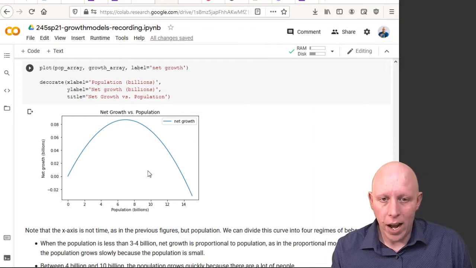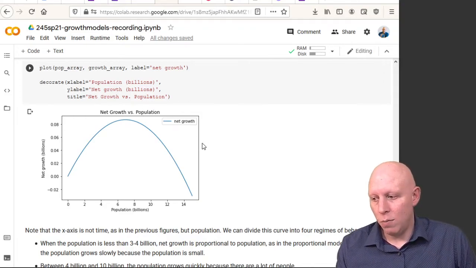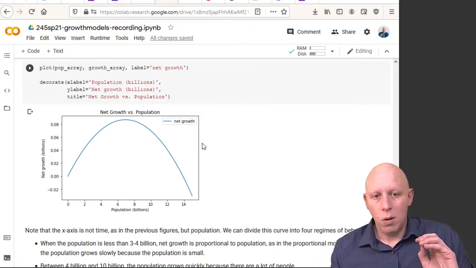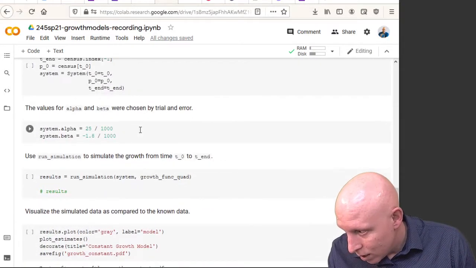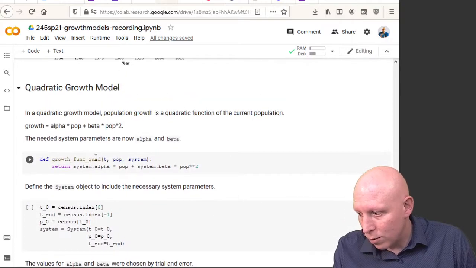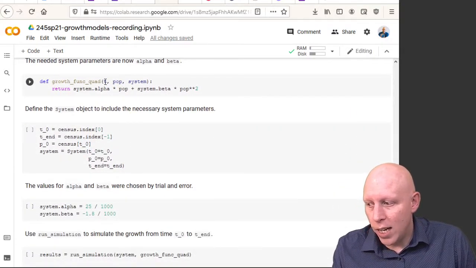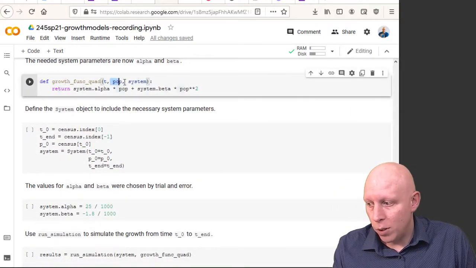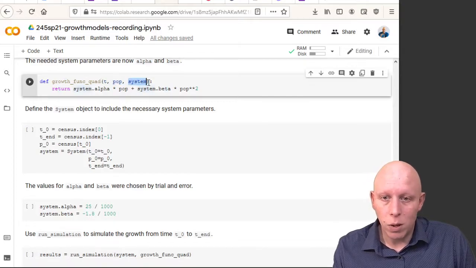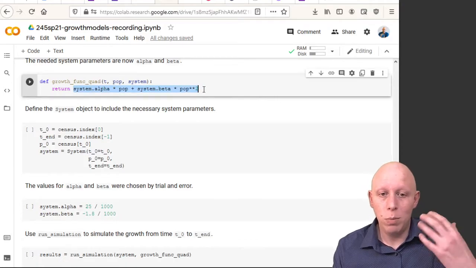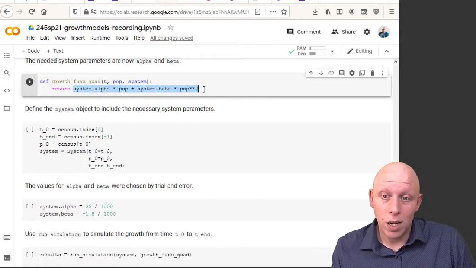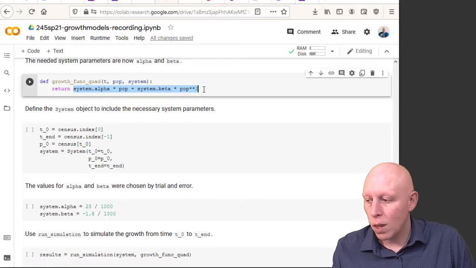If you think about how our model works, with the growth function, the growth function for the quadratic growth was to take in the time, the population, and the system object, and to return how much growth there had been for that given time, population, and system.